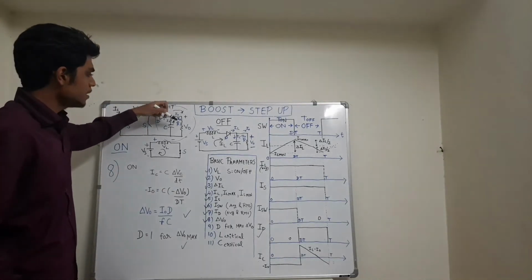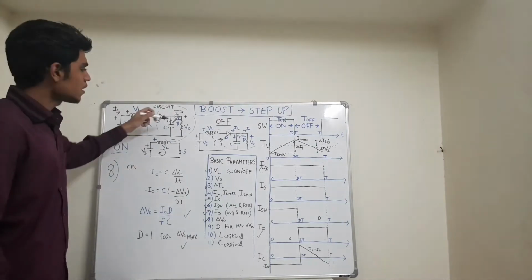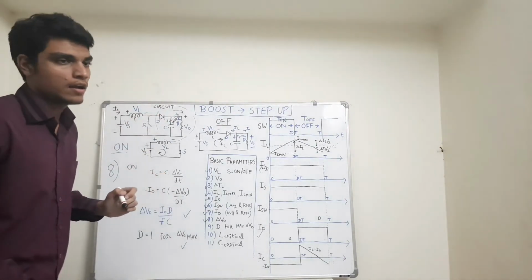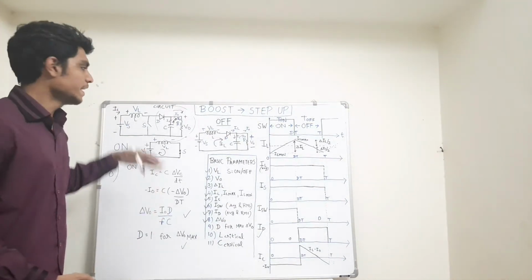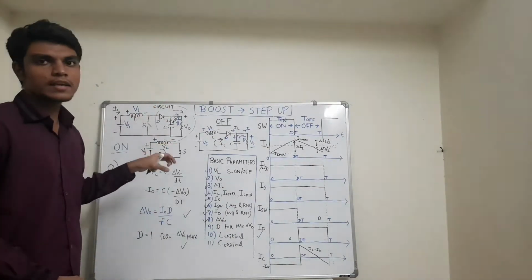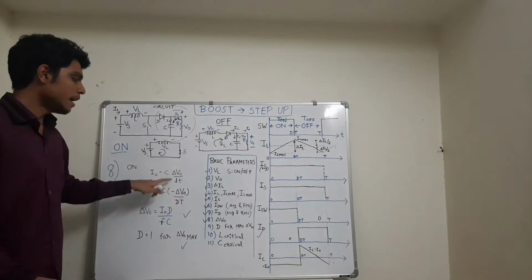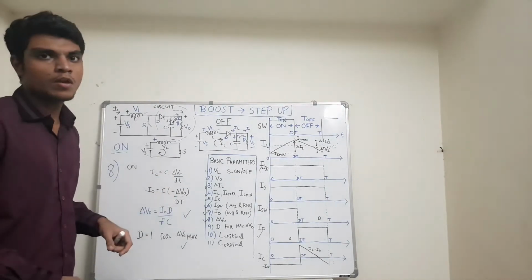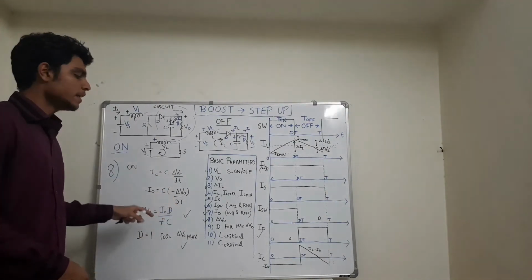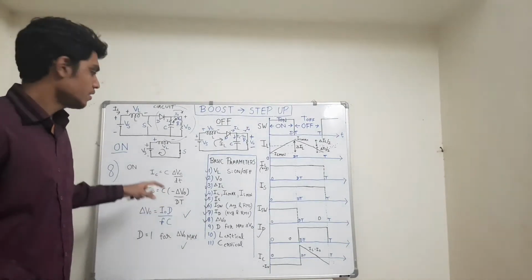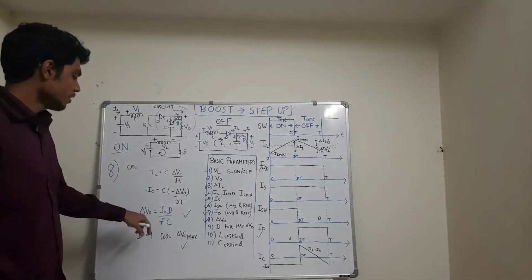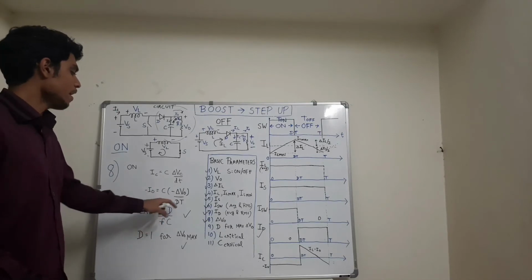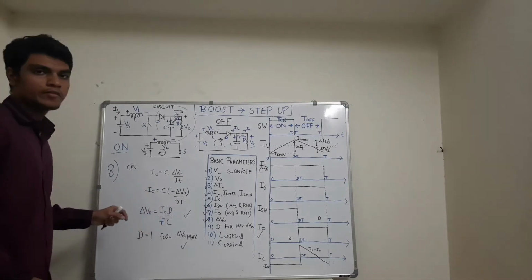Therefore, this capacitor supplies the current to the DC load R. Therefore, the capacitor discharges. Hence, the voltage across it is decreasing in nature. Therefore, delta V_C equals minus I naught times dt, for the on time interval. Therefore, delta V naught is equal to I naught D upon F C, because 1 upon T I have taken as F.